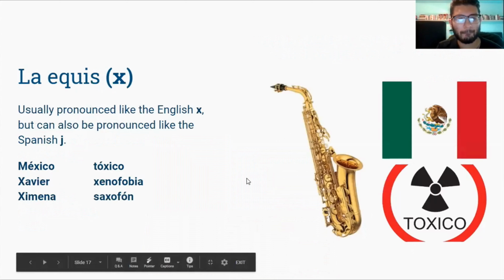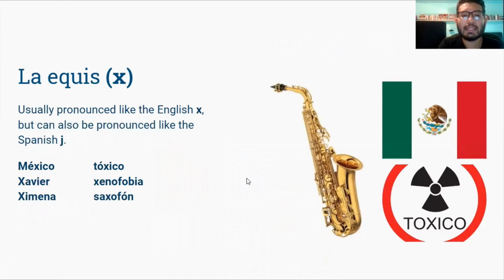Muy bien. La X, or the letter X, is not the most common letter in the Spanish language, but it is worth highlighting that it also has two different sounds. Again, this is one letter, two sounds.